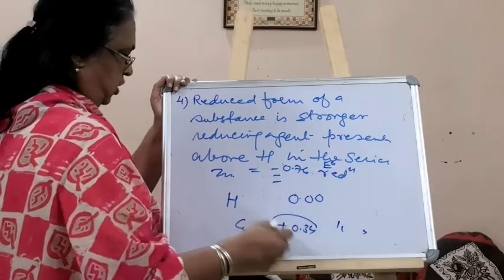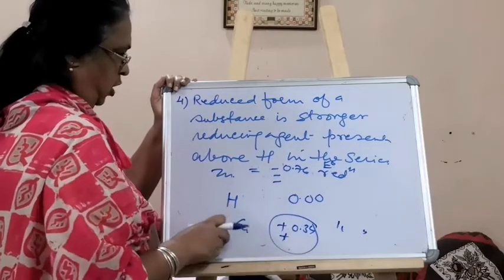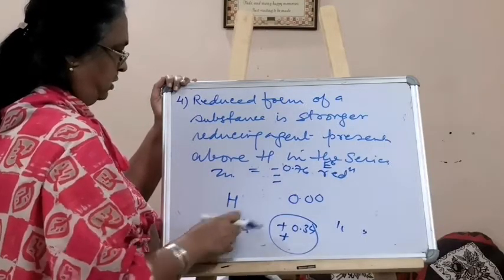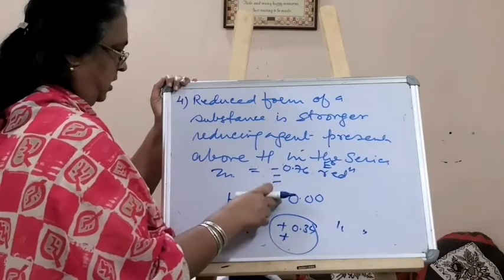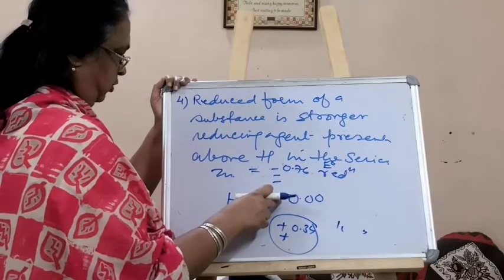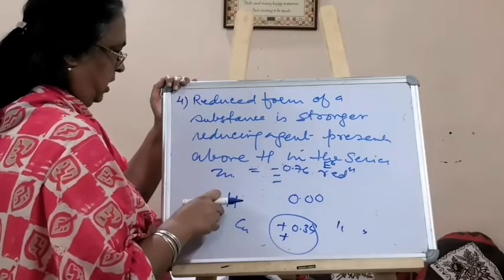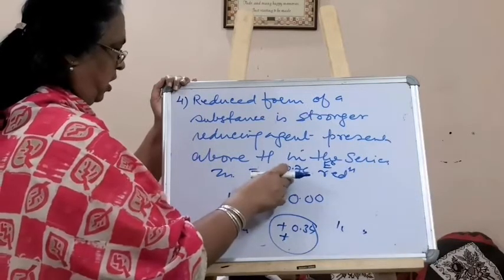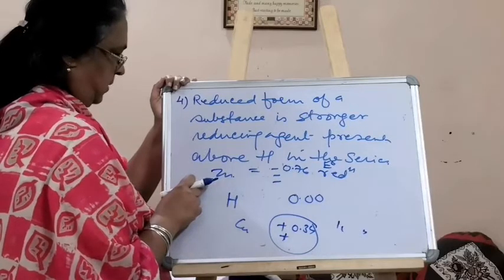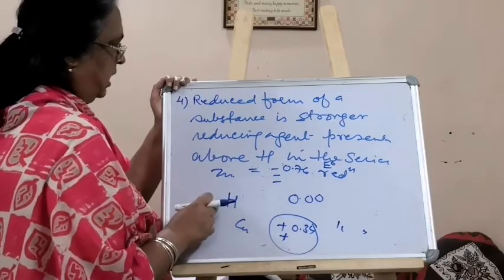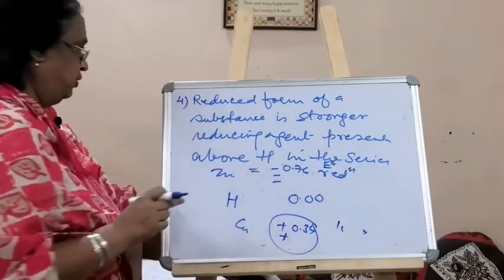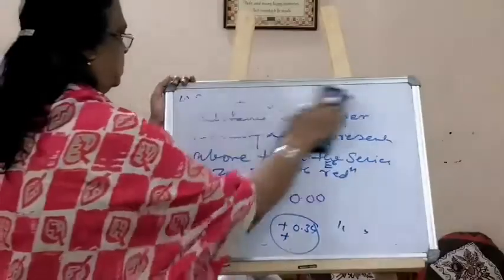Because the reduction potential of the copper electrode is more than the reduction potential of hydrogen. Why is zinc a stronger reducing agent than hydrogen? The reduction potential of the zinc electrode system is less than the electrode potential of the hydrogen electrode system.